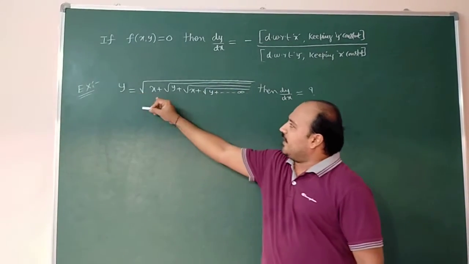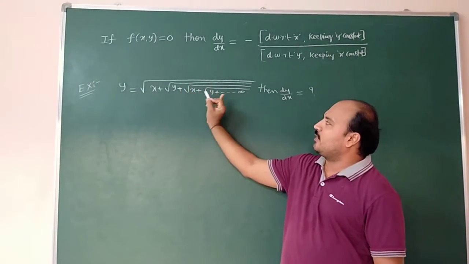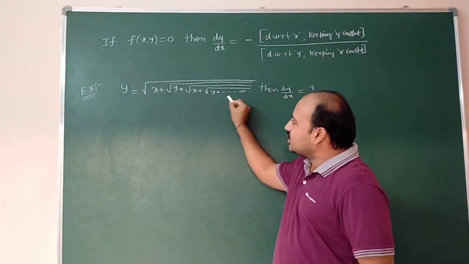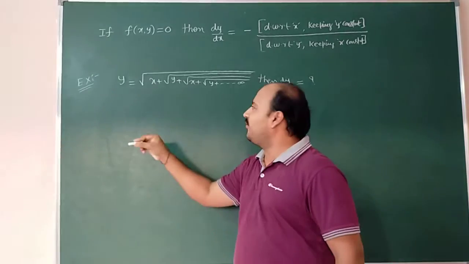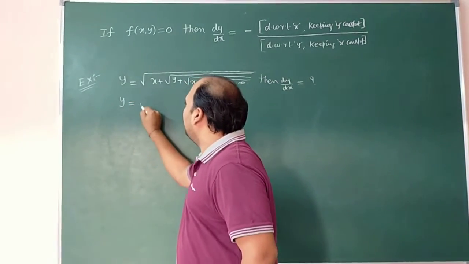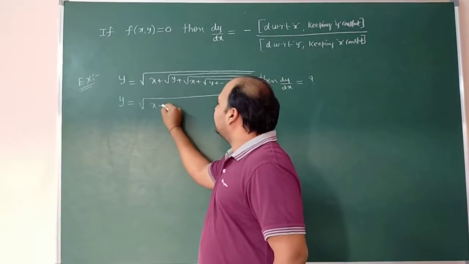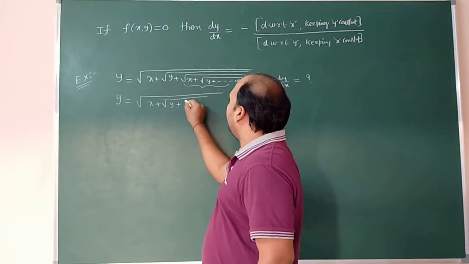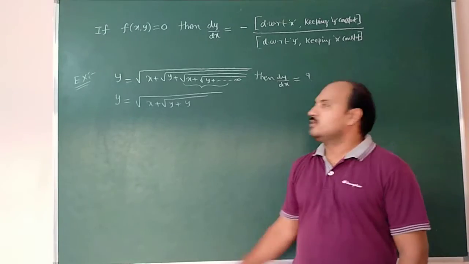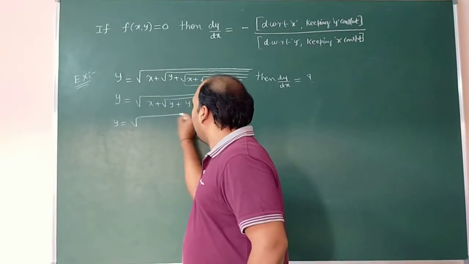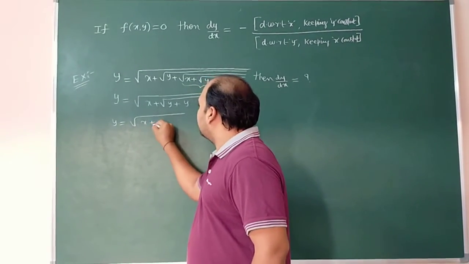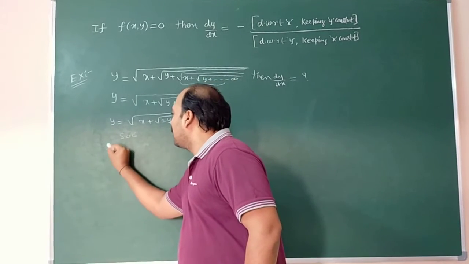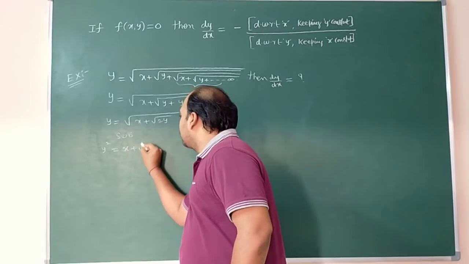Except the first two terms, the remaining is also equal to y only, no? Therefore, this becomes y equal to square root of (x plus root of y plus y again). So y is equal to square root of (x plus root 2y). Squaring on both sides, y square equal to x plus root 2y.